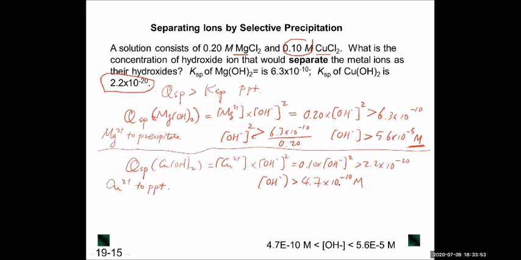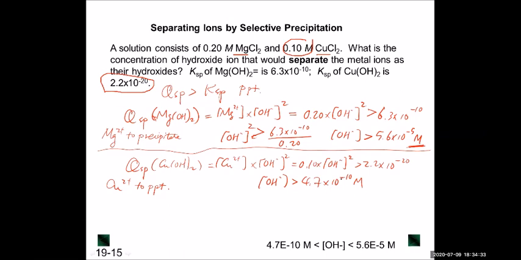And so for magnesium, the concentration has to be that. For copper it is this. How to separate? When we increase the hydroxide concentration, which actually means increase pH, if you start from a low pH, low hydroxide concentration, to high concentration, we'll reach this point first.